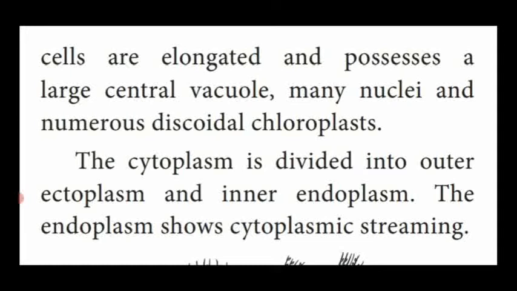Nodal cells have few ellipsoidal chloroplasts, but internodal cells have numerous discoidal chloroplasts. There are few ellipsoidal chloroplasts in the node. In the internodal region, numerous means many. Discoidal means coin-like.